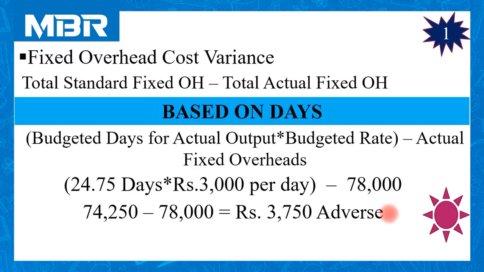Again it is the same and actual cost is 78,000. 3,750 adverse. So in this way you can calculate your fixed overhead cost variance using output, hours and days. In all three methods your answer remains the same. So you can cross check if you want to in your examination for your satisfaction and confirmation.